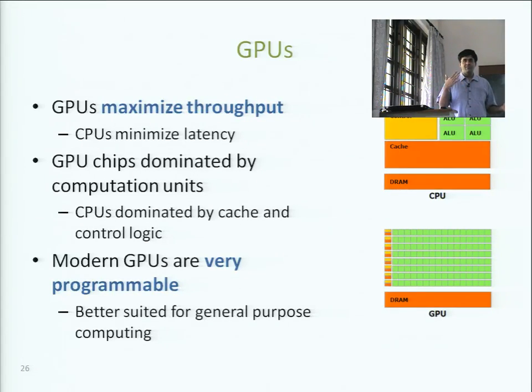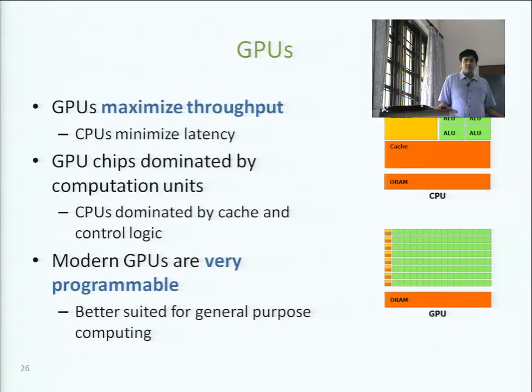So this is called maximizing throughput versus minimizing latency. CPUs are minimizing latency, and GPUs are maximizing throughput. It's a key difference, and one that makes us choose different architectural paths for GPUs versus CPUs.